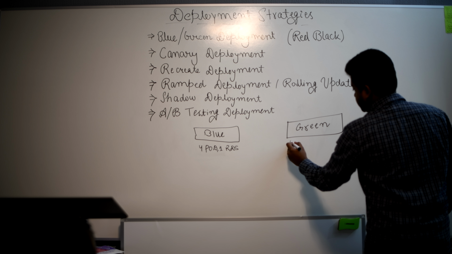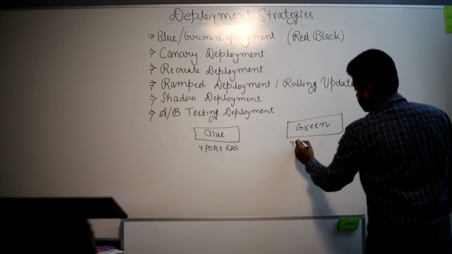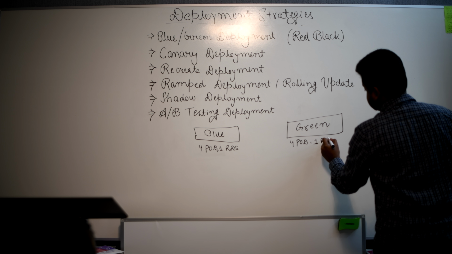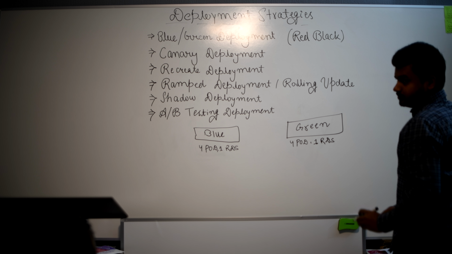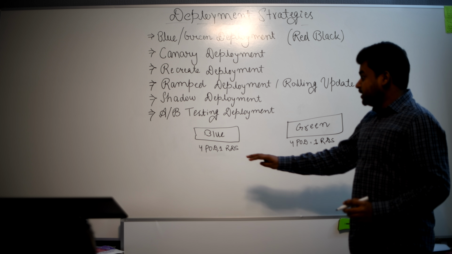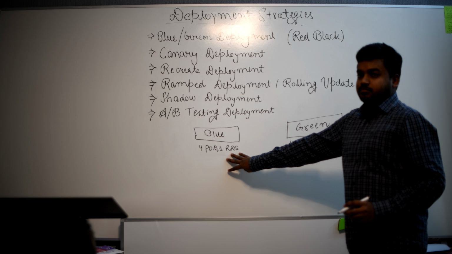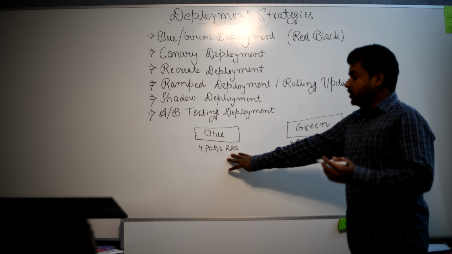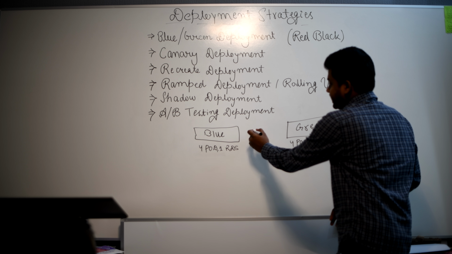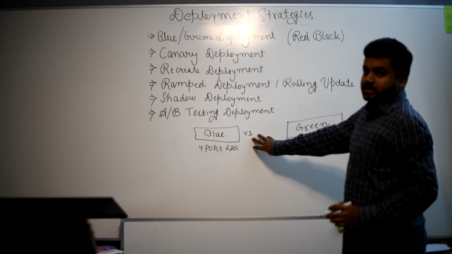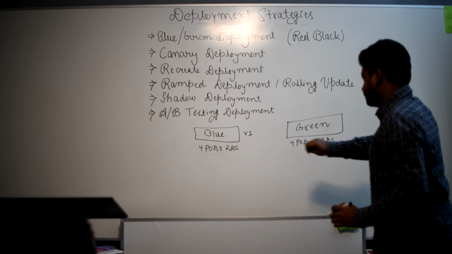This one also needs 4 pod and 1 RDS. So your application currently is running on this set of production servers, and the version deployed on this one, the blue one, is, let's say, the V1 version of your application.